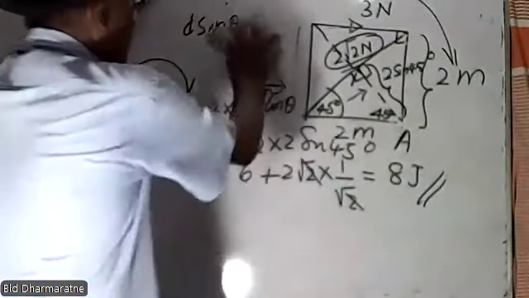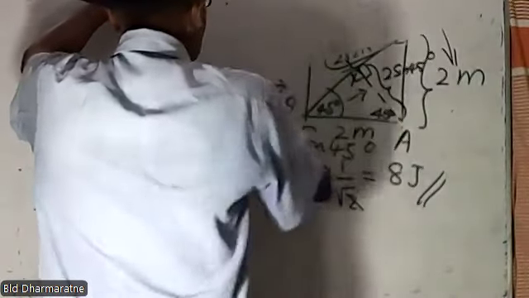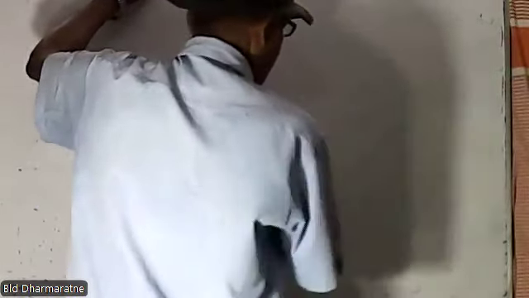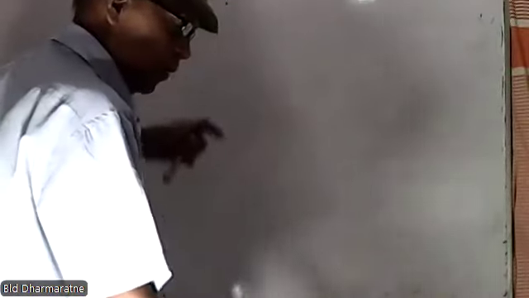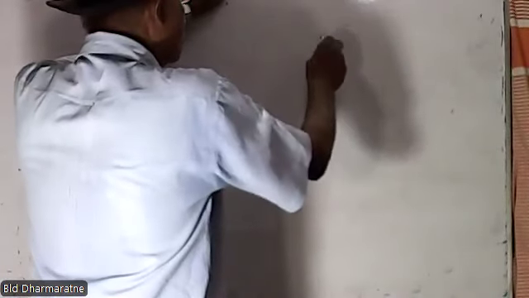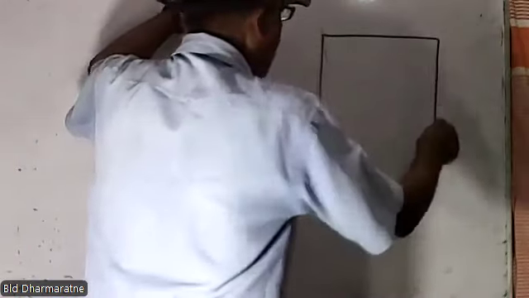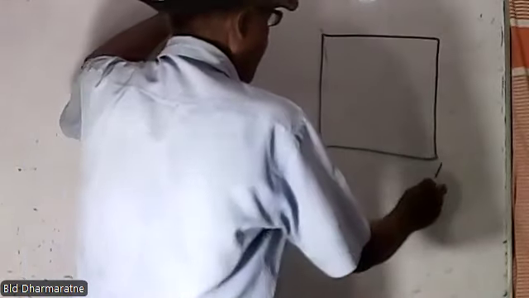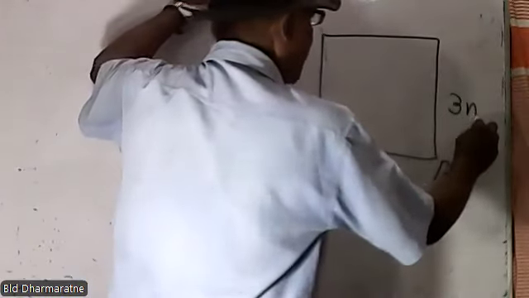Now we get another problem. This is also involving the square. There are various forces here. Two points are given in this problem. Consider this square, point A, point B. This is 3 meter side length.